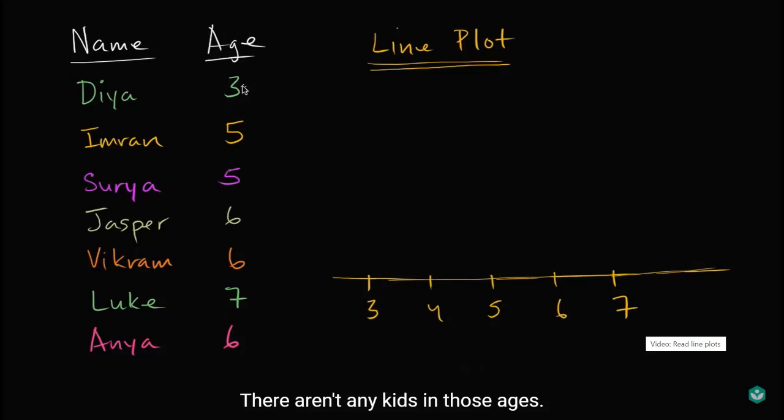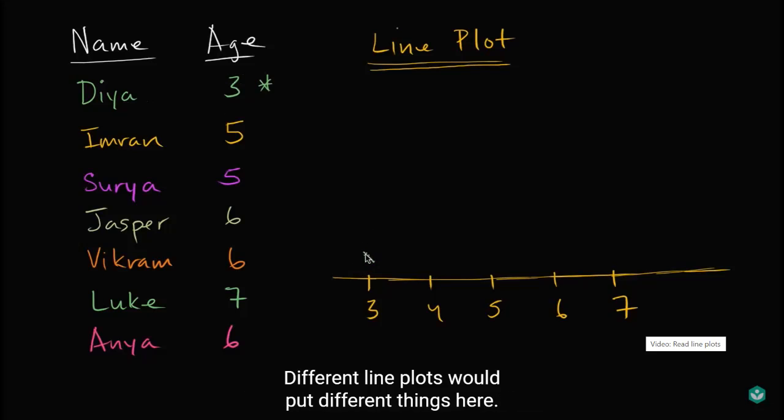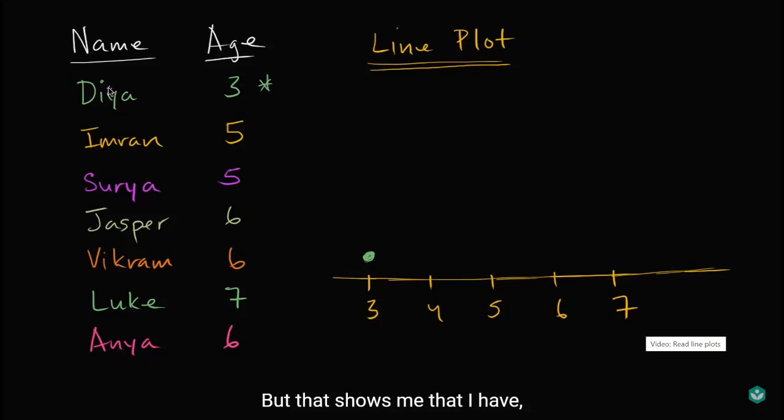There aren't any kids in those ages, although I could if I want. And then I look at, well, how many kids do I have of each age? Well, I have one person attending the party, Dia. She's age 3. So I might put an X here, or I could put a dot here. Different line plots would put different things here. But that shows me that I have this partier who is age 3 right over here.